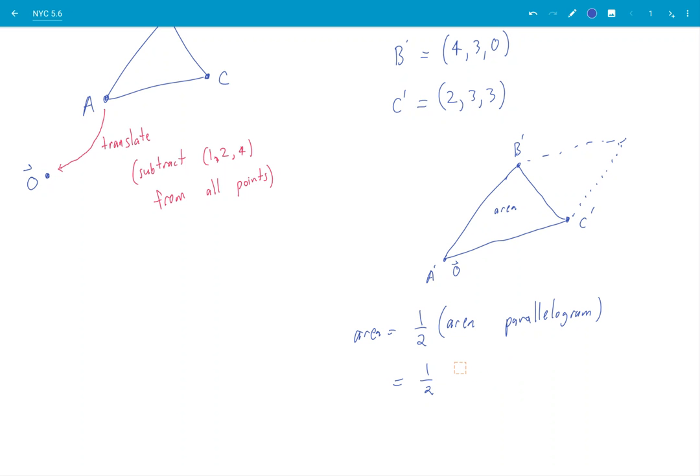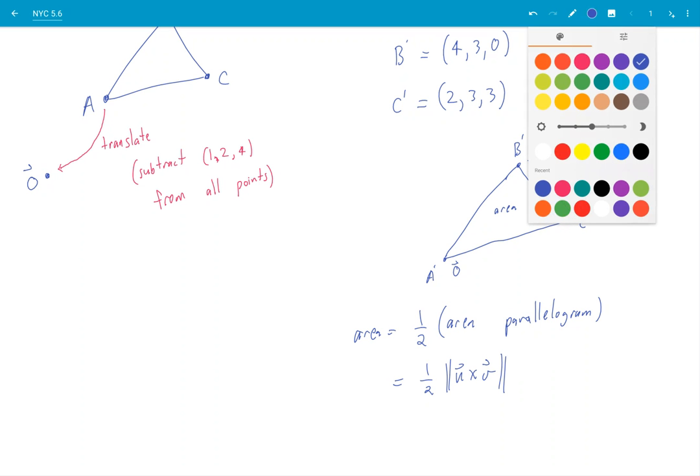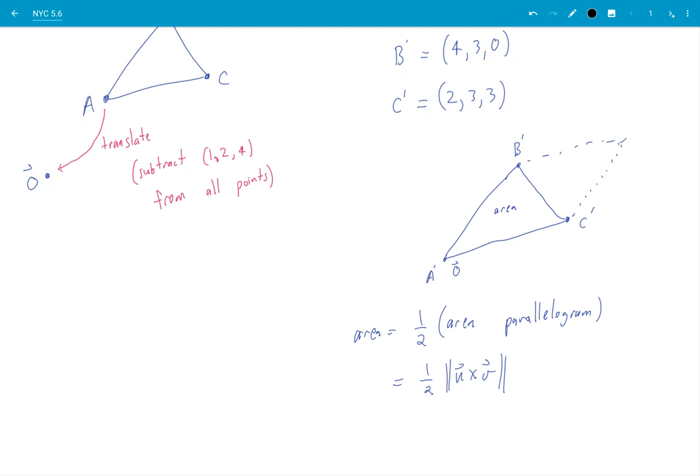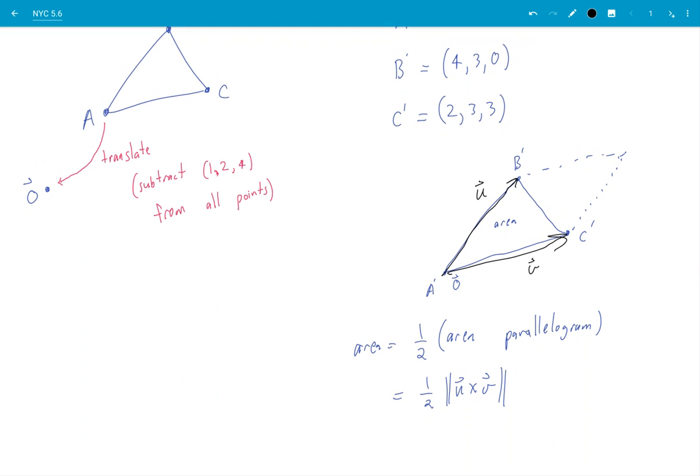I want to use the length of u cross v, where u can be that vector, v can be that vector. So they're defined by these 2 points up here, B prime and C prime.